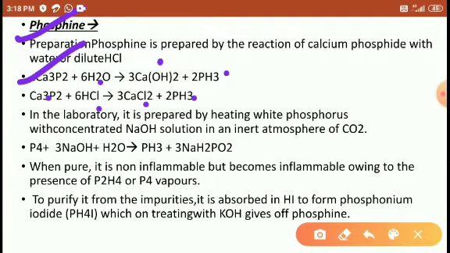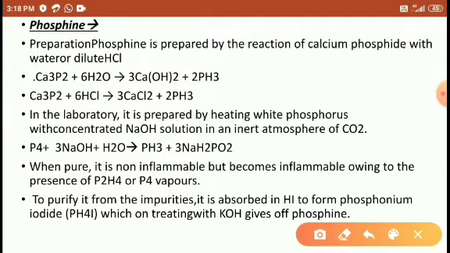So calcium phosphide is the most important compound for the formation of phosphine. It reacts with the acid as well as with water. Phosphorus heated with NaOH and water, base and water, forms phosphine and sodium hypophosphite.